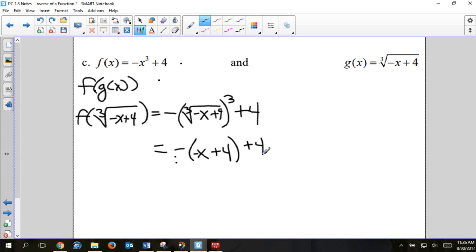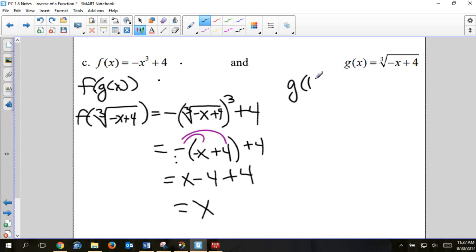So that negative outside has to distribute in, and we get x minus 4 plus 4. So we get x, and then that one works. So you've got to be aware of your order of operations, otherwise you're going to make mistakes on these. And then the other one, we're doing g of f of x.